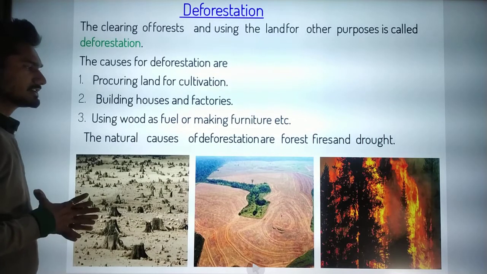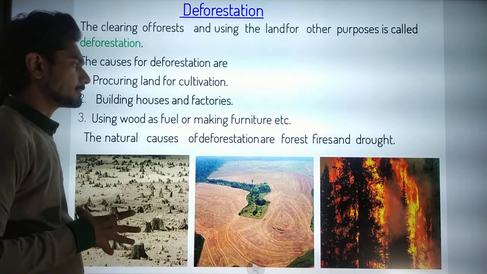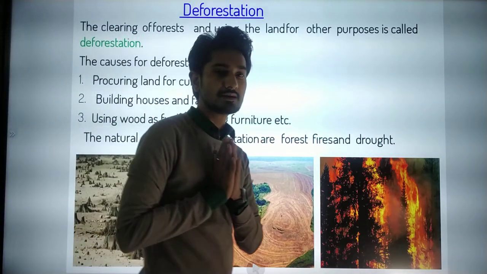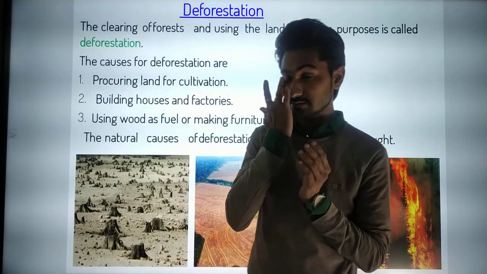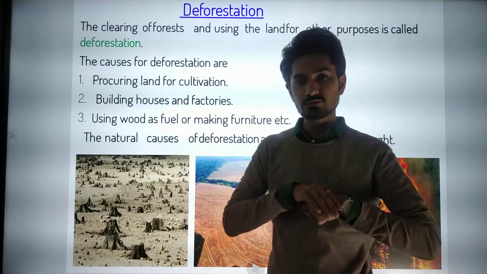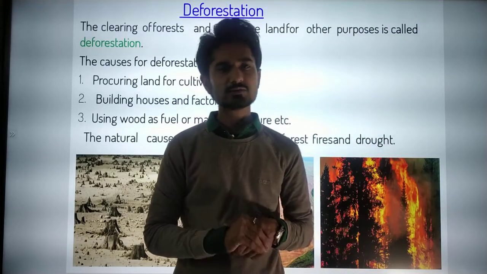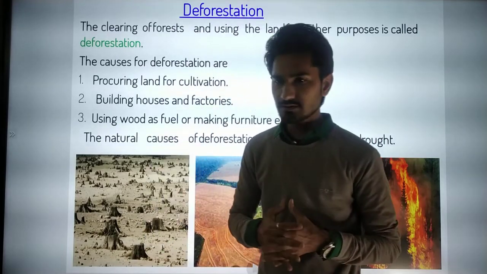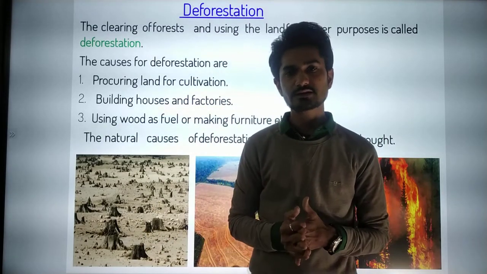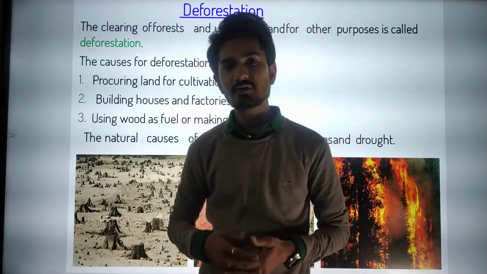Third, using wood as a fuel or for making furniture, etc. This is the reason that we are cutting down trees in large amounts, because we want to use the wood as a fuel. Fuel means that to generate some kind of energy, we need to give them a fuel.